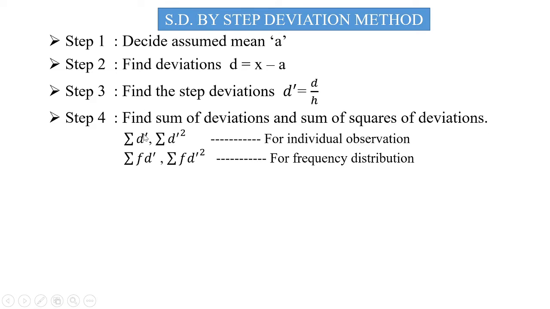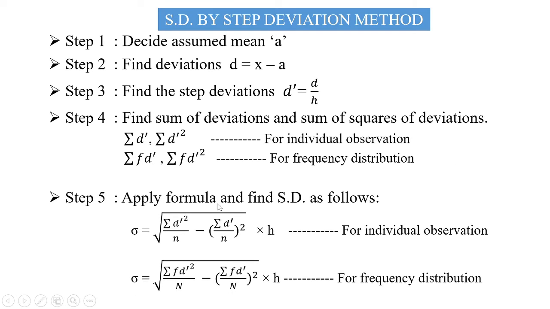Step number 4, find sum of deviation and sum of square of deviation, that is summation of d dash and summation of d dash square for individual observation, and summation of f into d dash and summation of f into d dash square for frequency distribution.